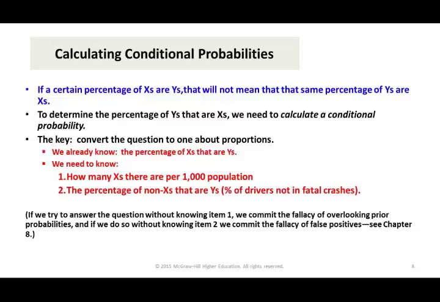So if 1 out of 10, if 10% of COTC students are involved in a car accident while in school, then what percentage, right, you got my if-then statement, of those who are in a car accident are COTC students?